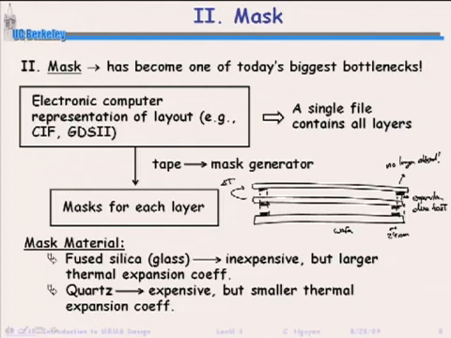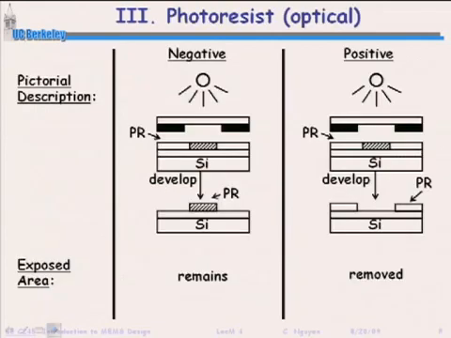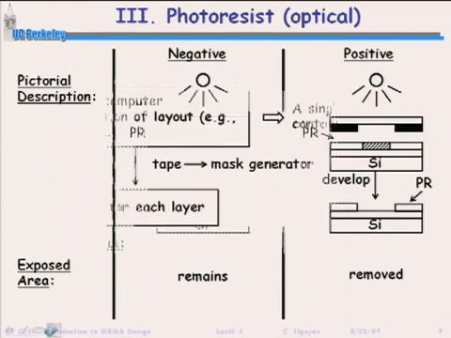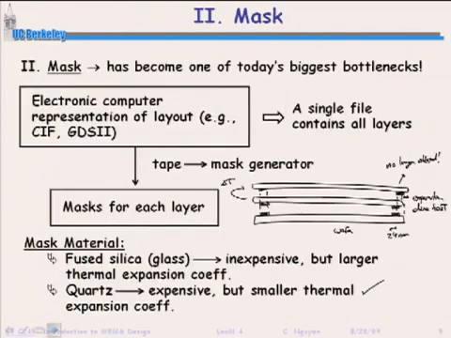So let's talk about this process some more. We talked about the radiation source. We talked about the mask. One more thing I'll say about the mask: it is the bottleneck against what you can do and what you cannot do, even in CMOS today. Think of CMOS today. How many circuits can you make in CMOS reasonably with the type of processing we're talking about now, where you get billions of transistors?